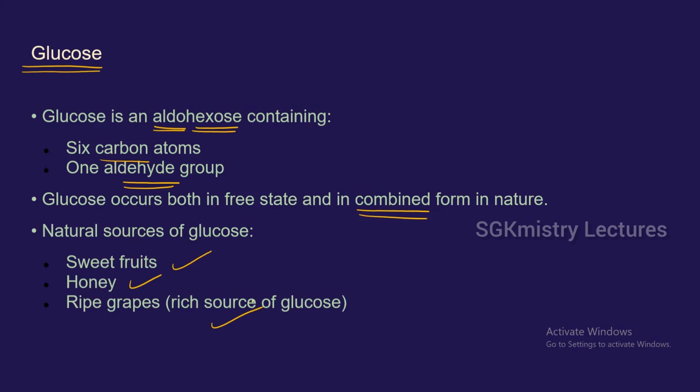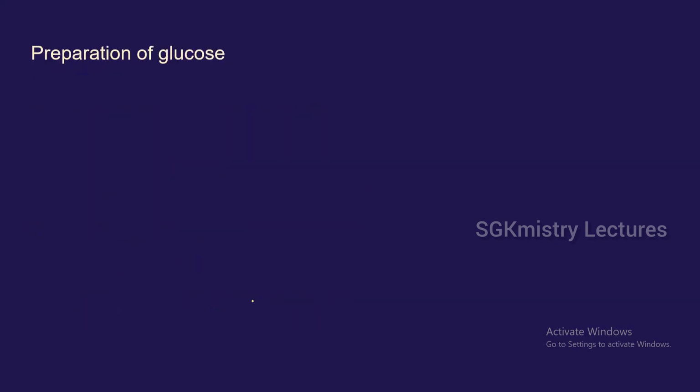Okay. Now, talking about the preparation of glucose. How do we prepare glucose? The method of preparation of glucose is from sucrose. We have already come across this term, sucrose, under the oligosaccharides, or to be specific, it is a disaccharide.